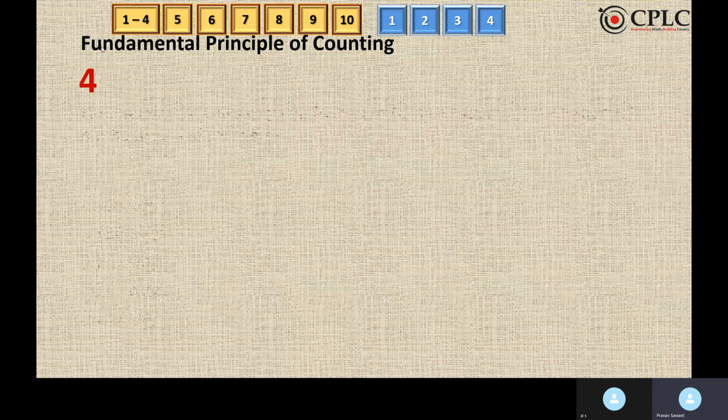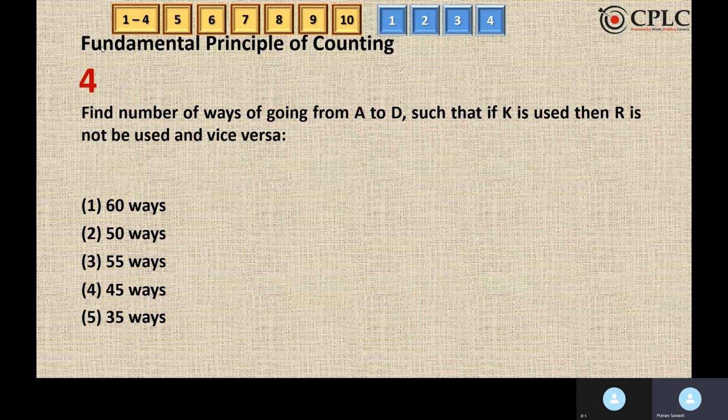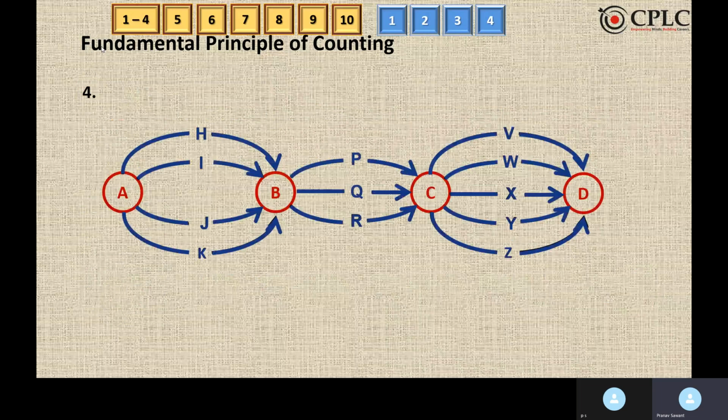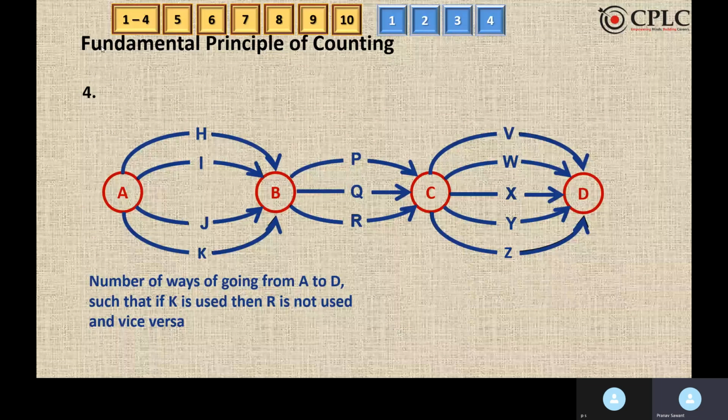Find the number of ways of going from A to D such that if K is used, then R is not used, and vice versa. Now, over here, it says if K is used, then R is not used, but there is no compulsion to make use of one root.